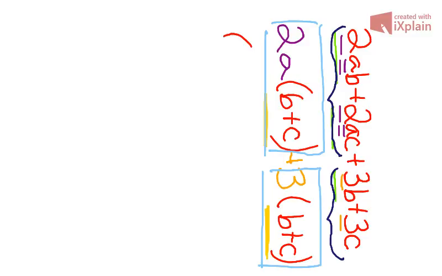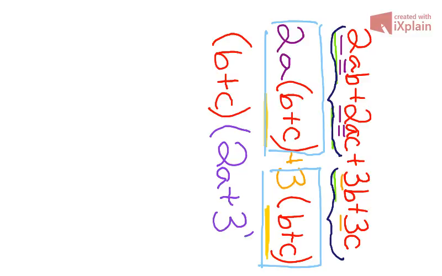So I'm going to pull out or factor out that B plus C, and then I'm just left with answering the question, what do I have left over if I pull a factor of B plus C out? And we actually are left with the 2A plus 3. Okay. This is our final answer.